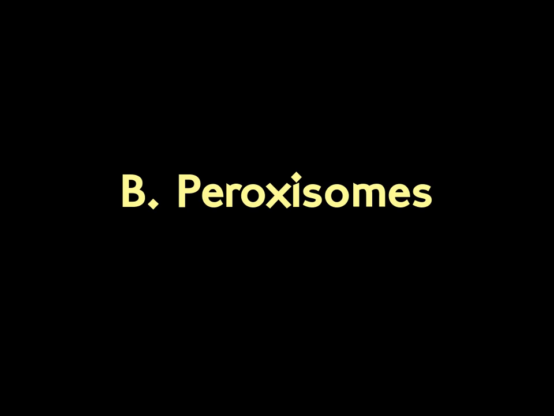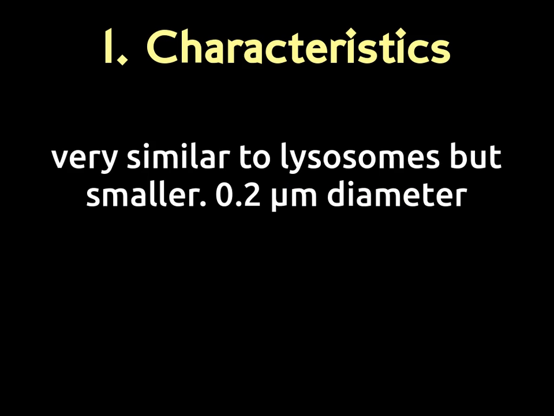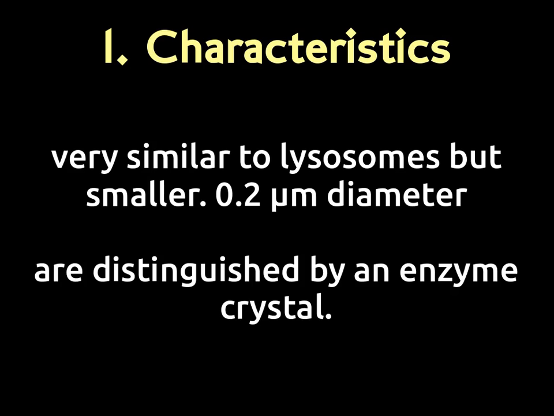Okay, so we have peroxisomes that are somewhat similar to lysosomes with a couple of differences. First off, they tend to be really small. They're smaller than lysosomes, smaller than 0.2 micrometers in diameter each, so very small little things.